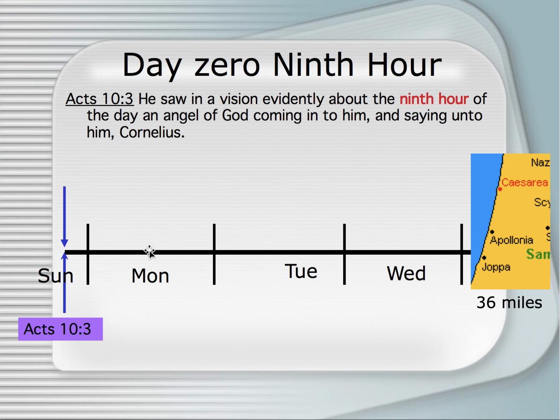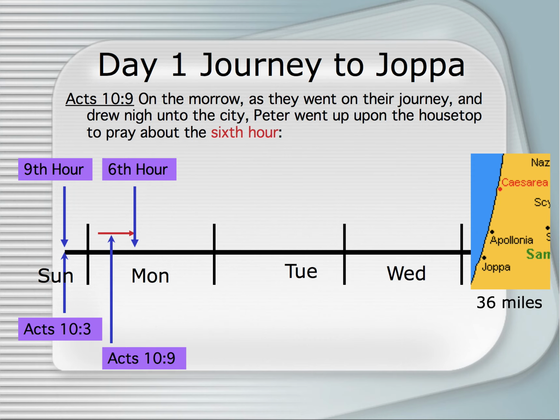And as we go throughout chapter 10, we're going to see what happens on the morrow and the morrow after are the expressions that are used. So, on the morrow, so the next day, as they went on their journey and drew nigh unto the city, so Cornelius sends a group of men to go and call Peter.